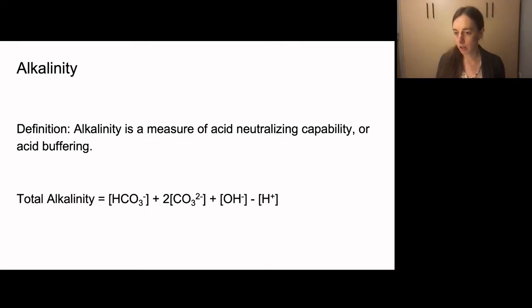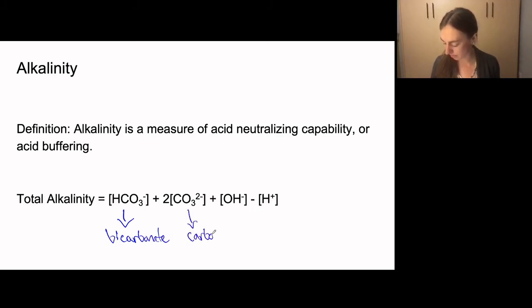So we can define total alkalinity as the concentration of our bicarbonate species, plus the concentration of our carbonate species, plus the concentration of our OH minus the concentration of our hydrogen ions.